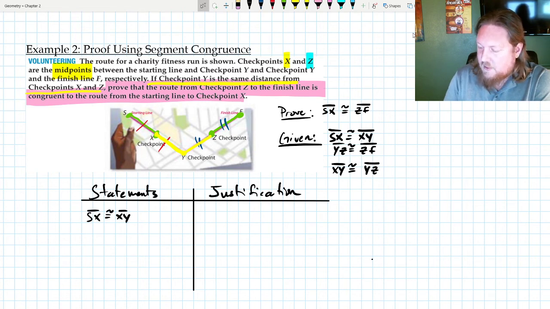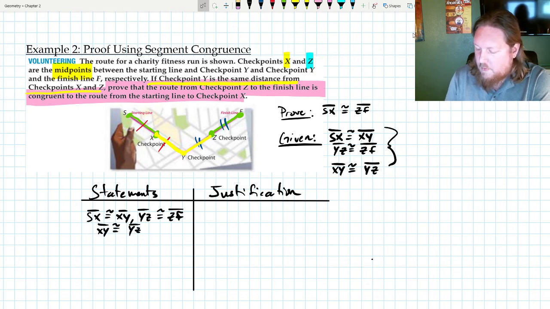And since I spent the time making this list of knowing what's given to me, it's really easy. I just copy that same stuff down. ZF. And the last one is XY is congruent to YZ. And all of that is given to us.